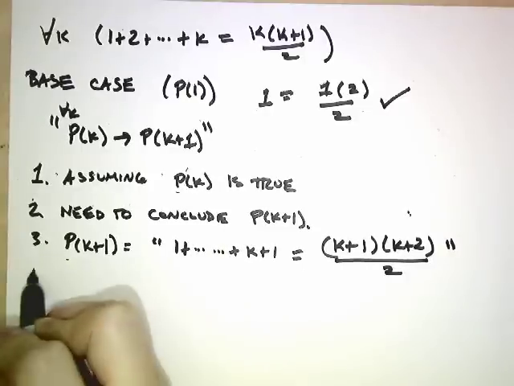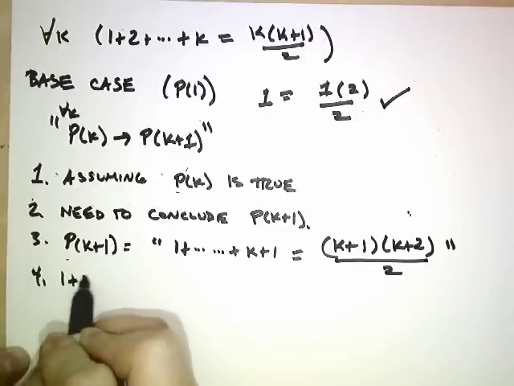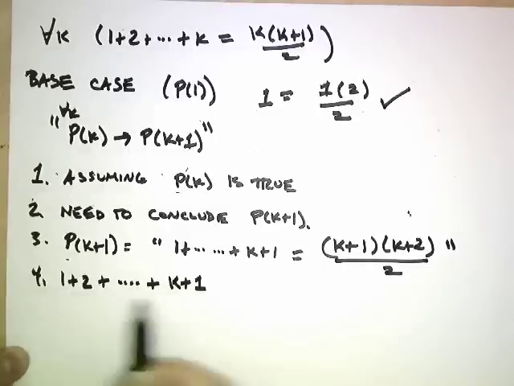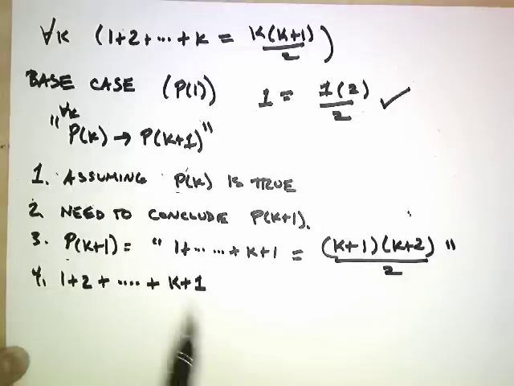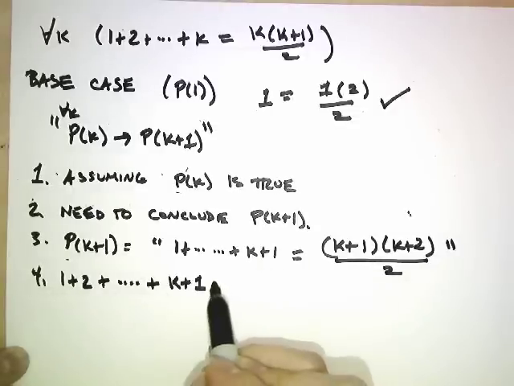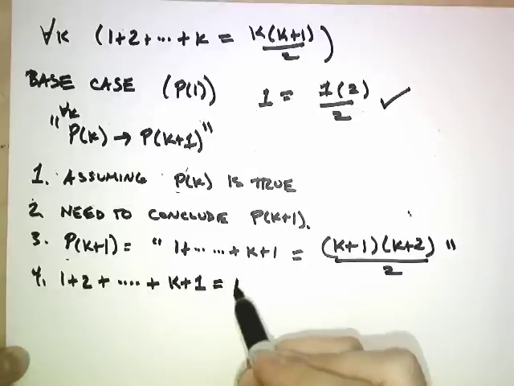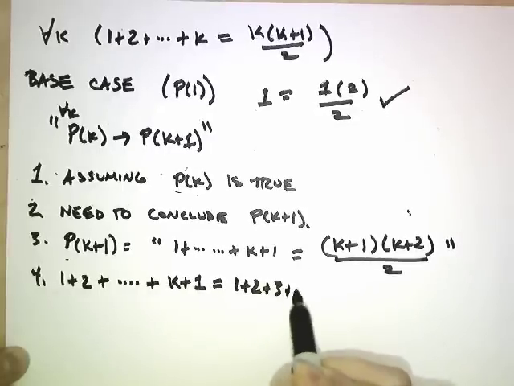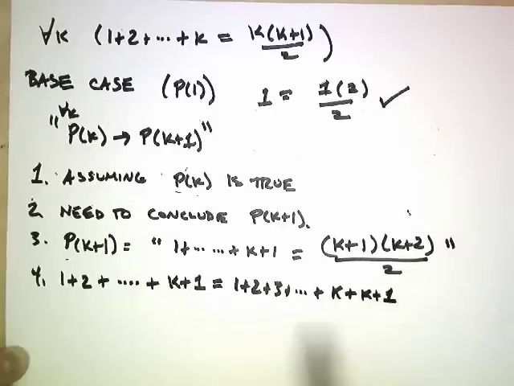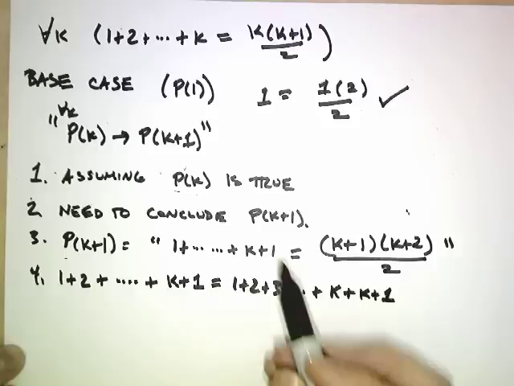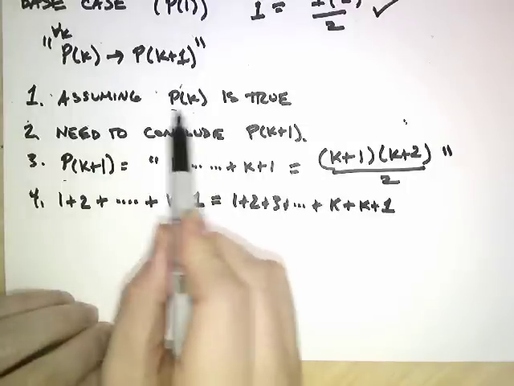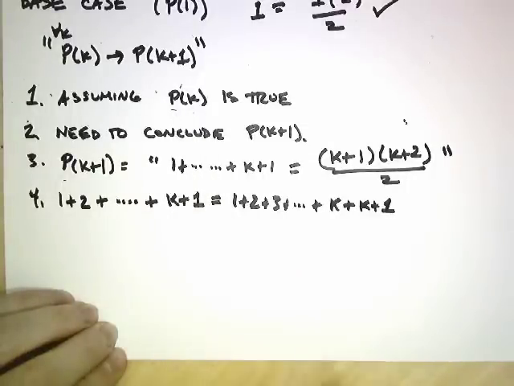Okay, I'm going to take this sum, 1 plus 2 plus dot dot dot plus k plus 1. Remember, we need to show that this sum is equal to this formula. I'm just going to look at the first k terms, so I'm just going to rewrite this as 1 plus 2 plus 3 plus dot dot dot plus k, plus k plus 1. I didn't do anything here, I just rewrote it. Now, we've assumed that P of k is true.